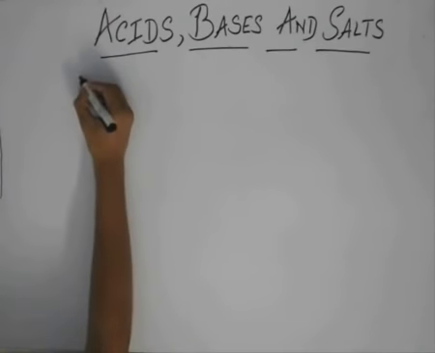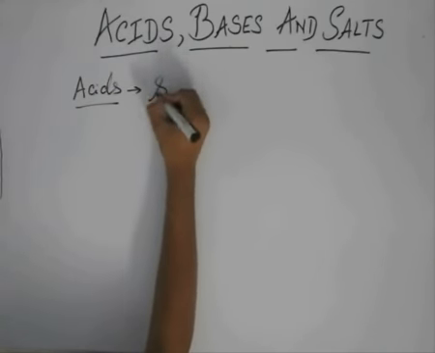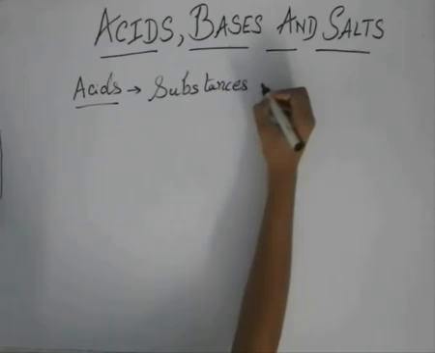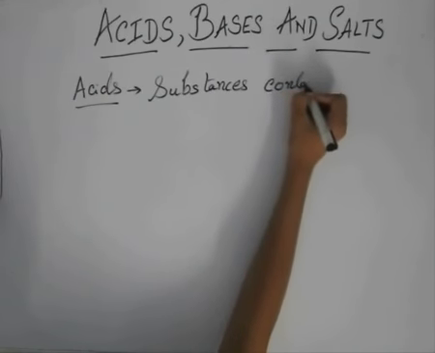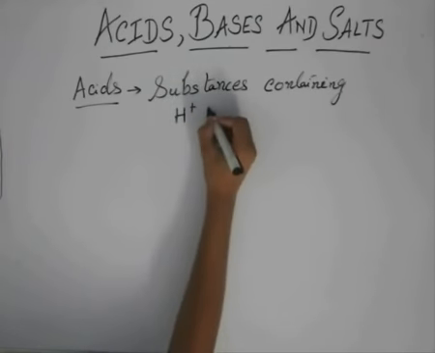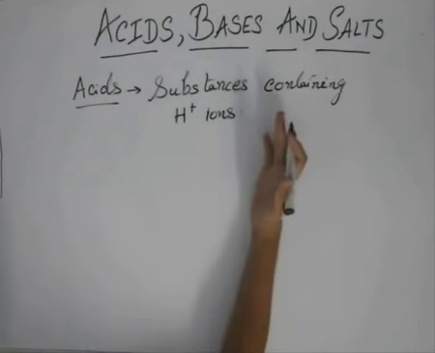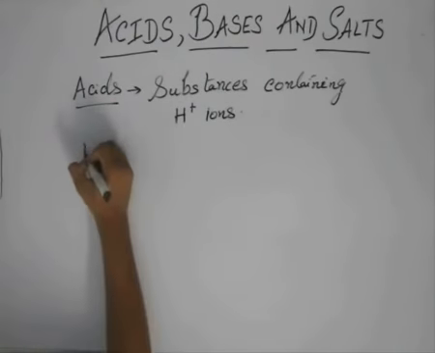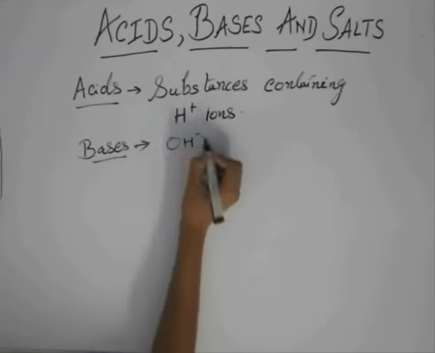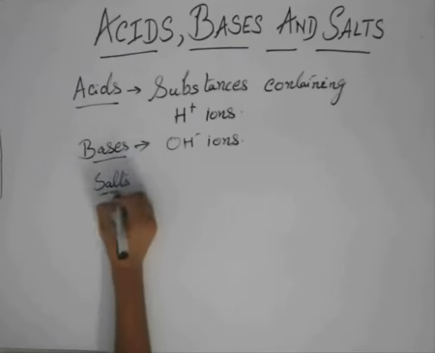Now we know, we have a faint idea, that acids are substances containing H plus ions, or rather we can say substances which release H plus ions, and bases are substances containing OH minus ions, and salts are neutral.